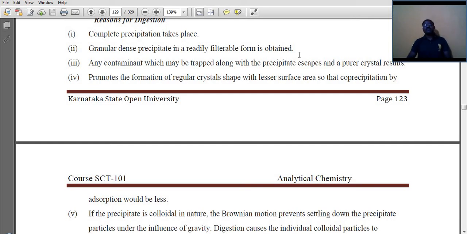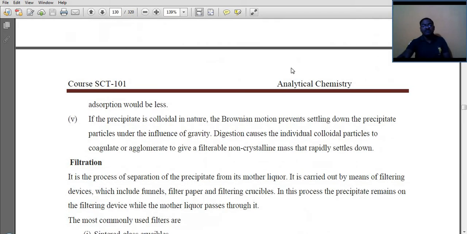It promotes the formation of regular crystal shape with lesser surface area, so co-precipitation by adsorption would be less. If the precipitate is colloidal in nature, Brownian motion prevents the precipitate particles from settling down.